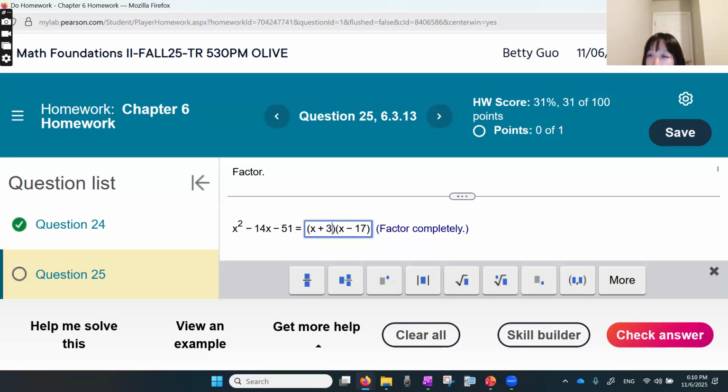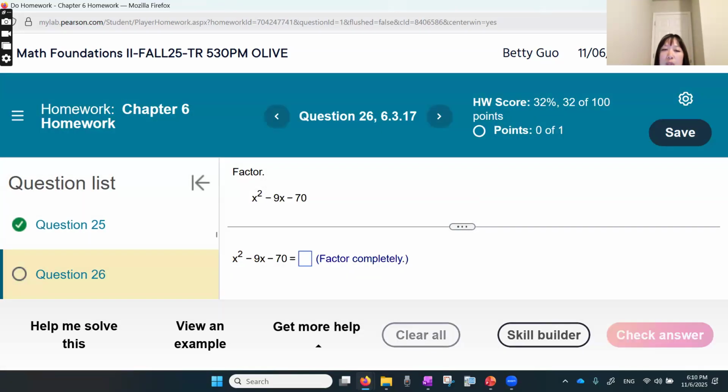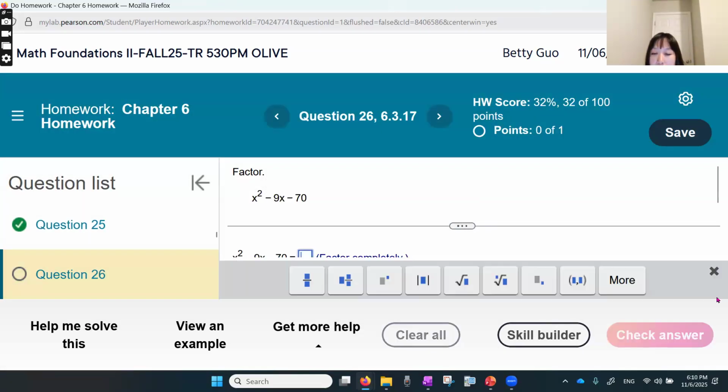Do you know the process, everyone? Factor 51, right? 1 times 51, 3 times 17, boom. 3 times negative 17 is negative 51. 3 plus negative 17 is negative 14. Then that's it. You see my point, right? You need to double check by plugging back.